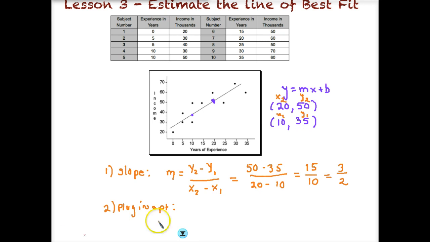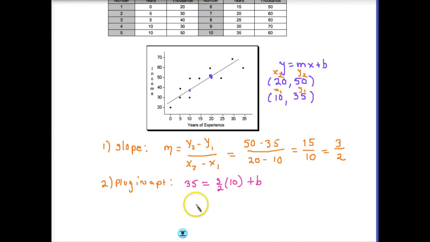So here we go with step 2. I'm going to put 35 in here for y, and that equals m, which is 3 over 2, times 10 for x, plus b. Now we're going to solve this for b. So we have 35 is equal to, well, 10 is the same as 10 over 1, and when we multiply fractions, we just multiply straight across. So we get 30 over 2 plus b.